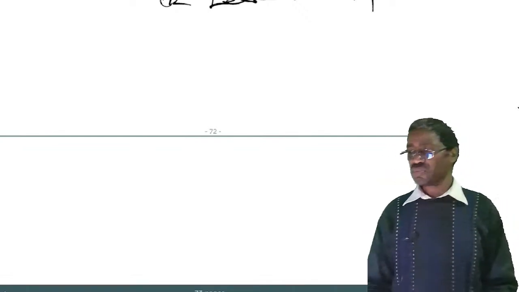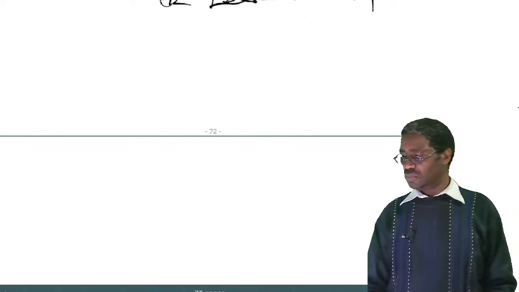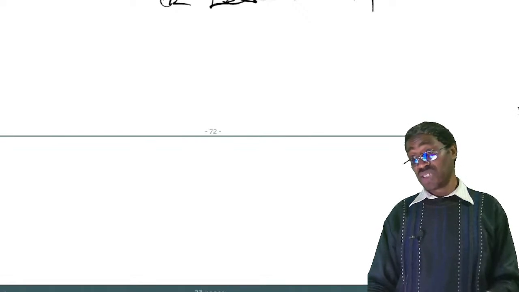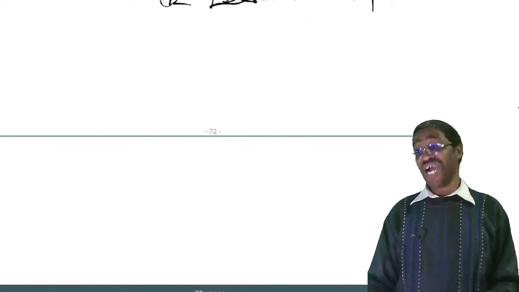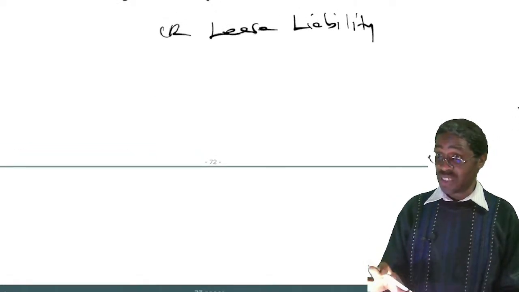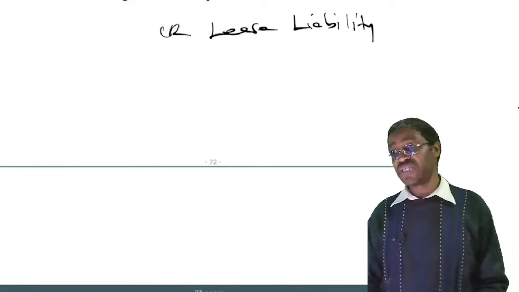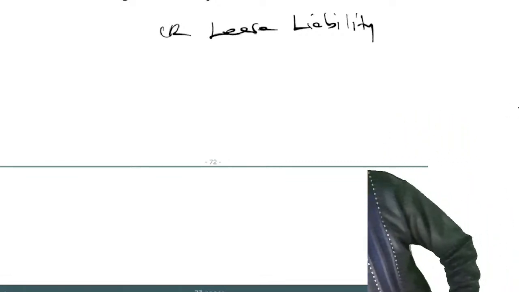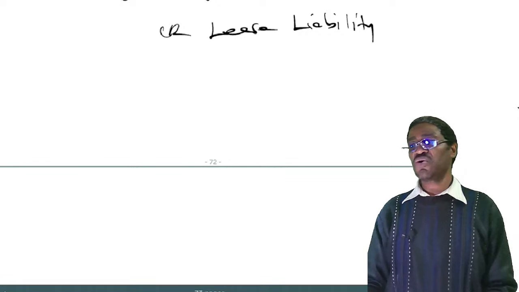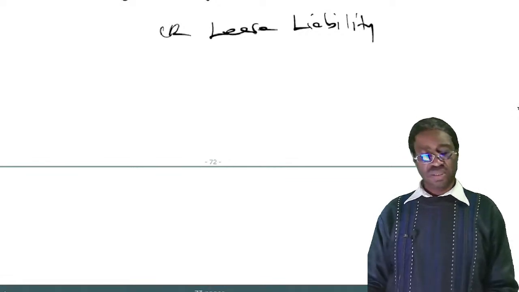Then you say this: the lessee should recognize a right of use asset and a lease liability.